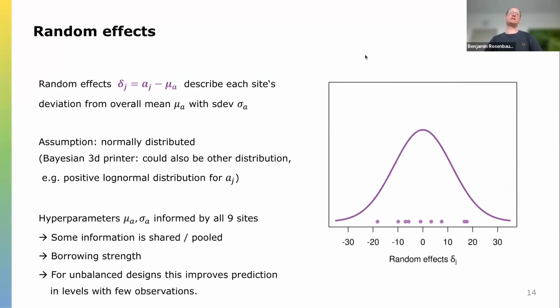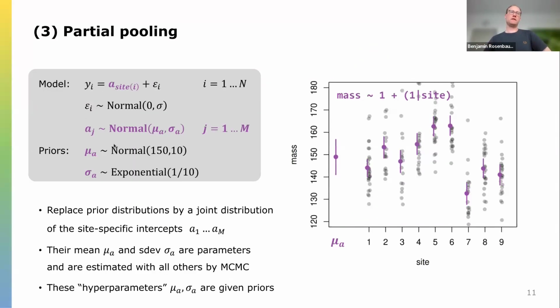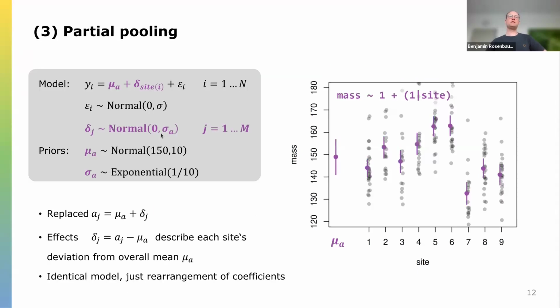So if we look at this on the random effect level, so on the deviation from the overall mean, if we look at the model again, either the site effects come from a normal distribution with this joint mean, or if we look at the deviations here, then this deviation comes from a normal distribution with a 0 mean. Standard deviation here is the same.